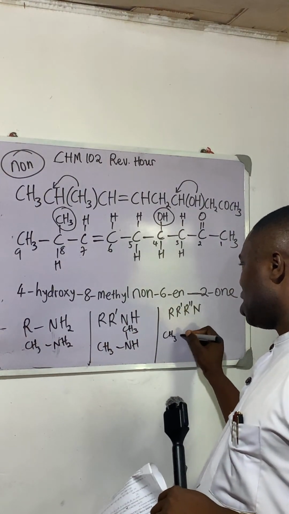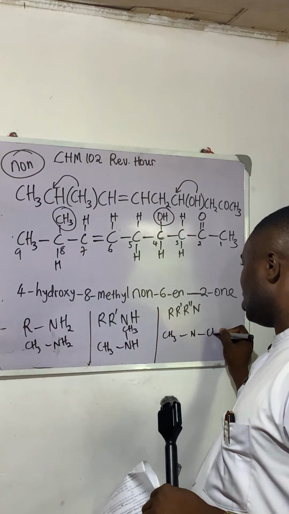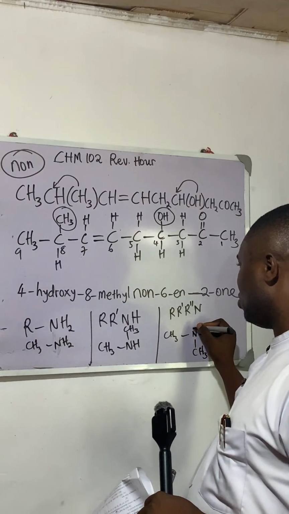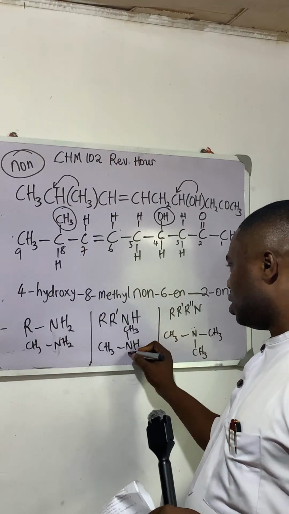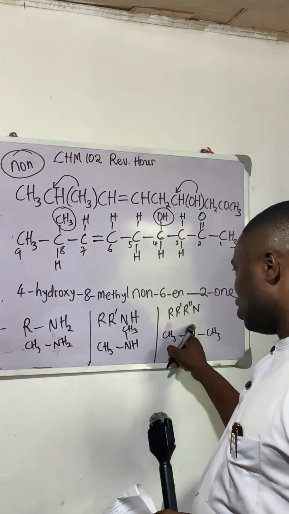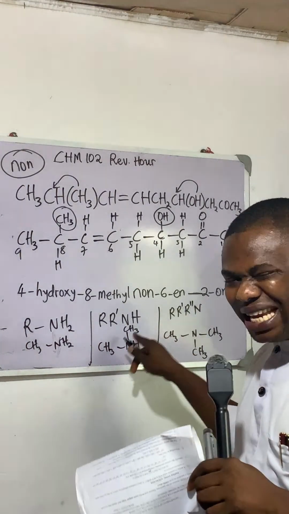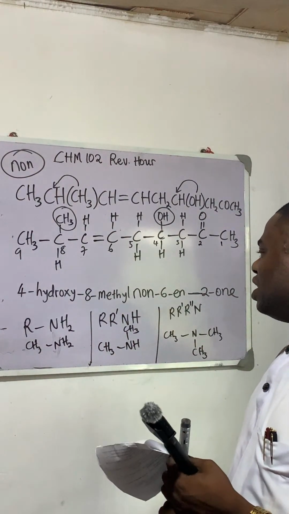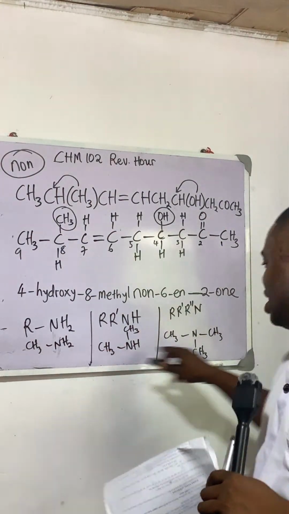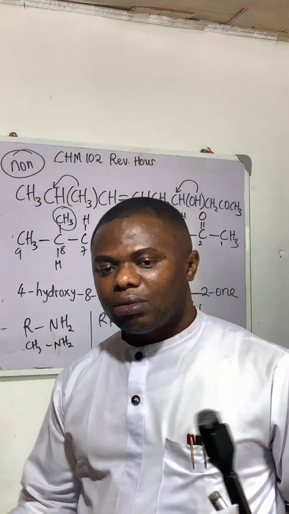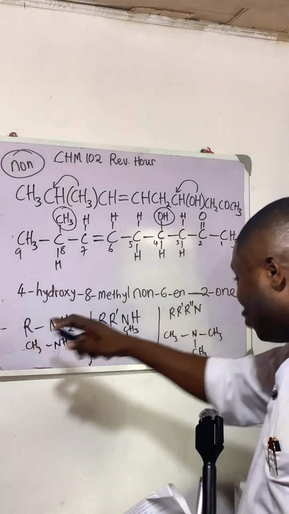For instance, we have CH3, this N, CH3 here, and CH3. Remember, this has just one lone pair. If you are to name this, it becomes N-methyl methylamine, while this one is just simply methylamine. Why is this one now N,N-dimethyl methylamine? As easy as ABCD.